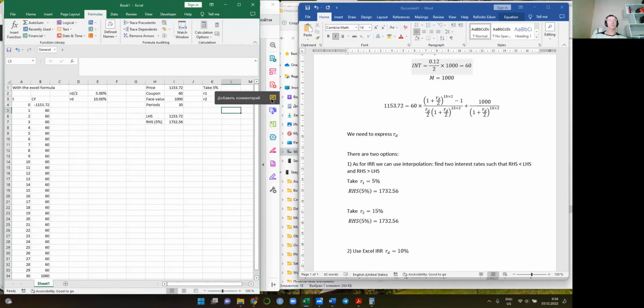And now we compute the right-hand side of 15%. Simply copy it here. Something has been put wrong. I failed fixing this.